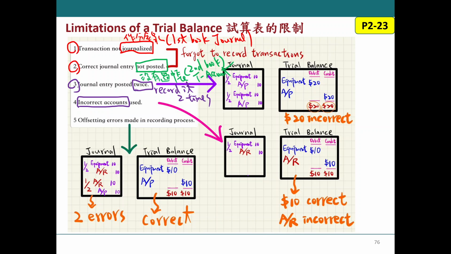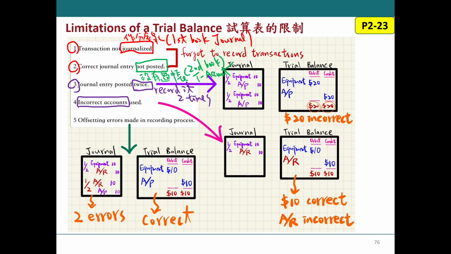Debit equipment means you got equipment, you purchased equipment, right? Credit accounts receivable means what? The customer doesn't owe you money, so accounts receivable decreases. Is it possible to have this kind of transaction? Customer doesn't owe you money, accounts receivable decreases.